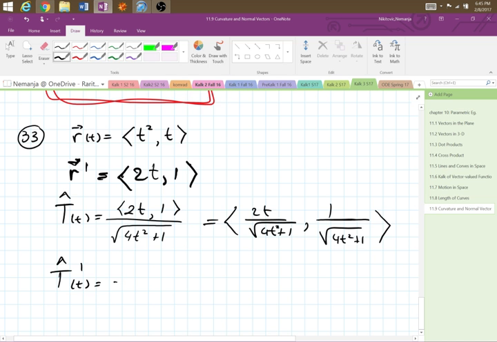Well, we take the derivative. We have the quotient rule. So that's the square root of 4t squared plus 1 times the derivative of the top, which is just 2, minus 2t times the derivative of this, which is 1/2 the 4t squared plus 1 to the negative 1/2. That's the first one.